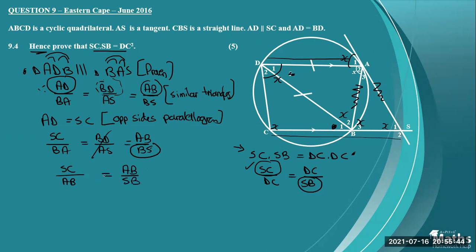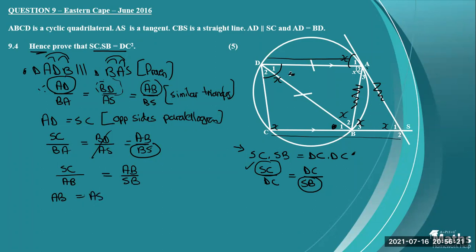So now, what else? I sit here with the AB and I would like to have it as a DC. AB, I would like to have it as CD. Can I? Yes, I can. Because AB is equal to AS.